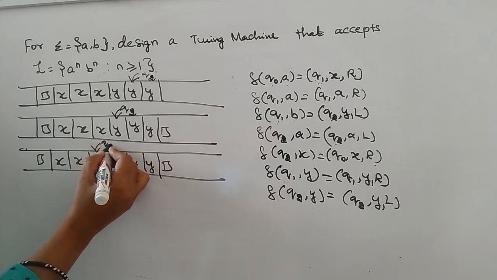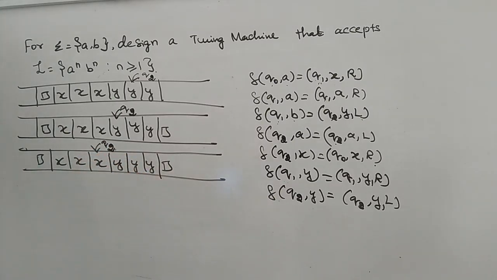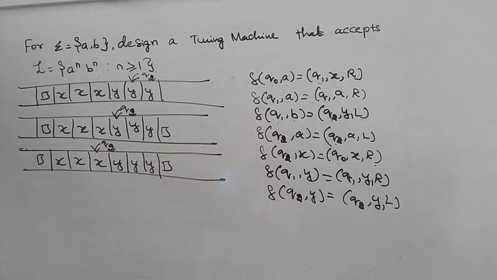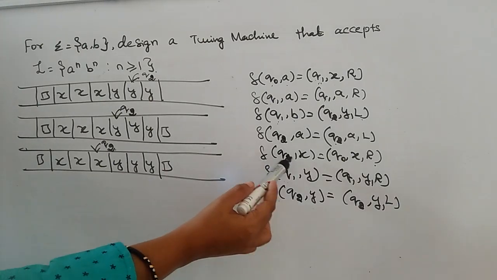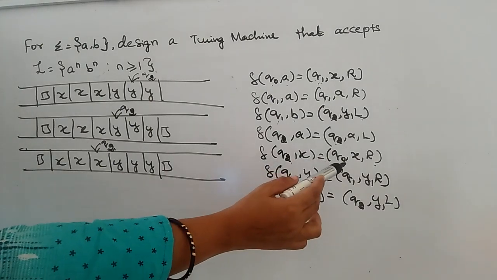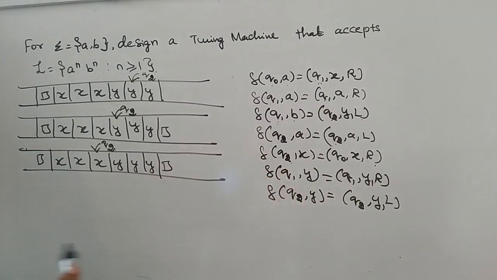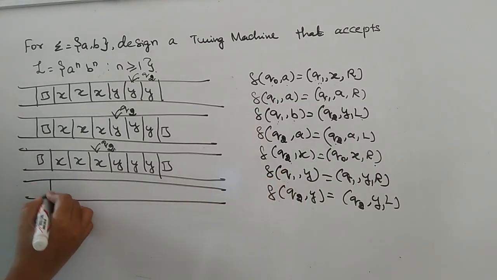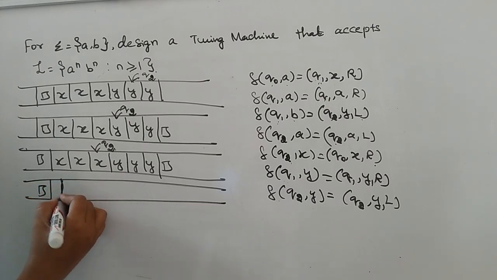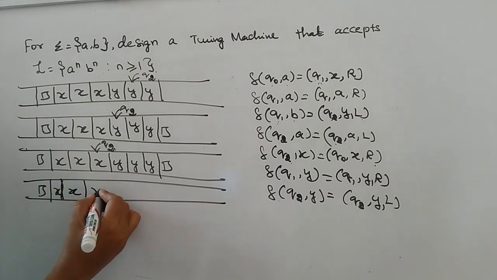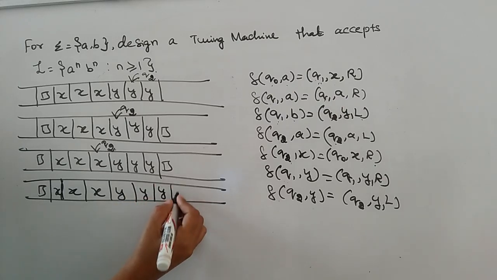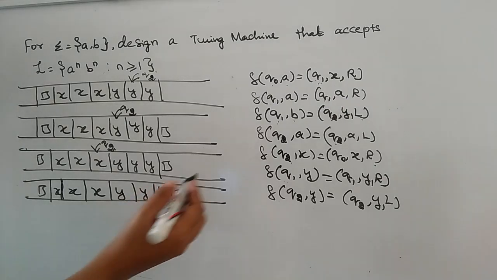Now the read write head is pointing to the symbol X. For this also we have written the transition earlier itself. Del of Q2 comma X equal to Q0 comma X comma R. It means we are just going to write the diagram as Y. This is the thing that we have written here.